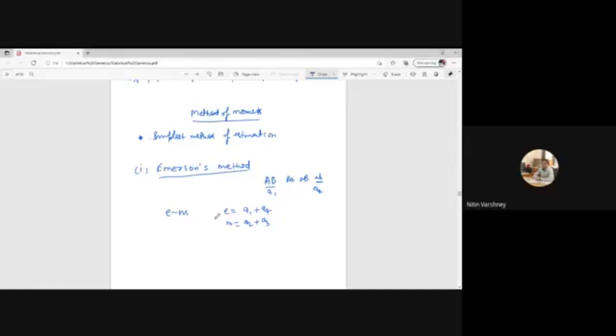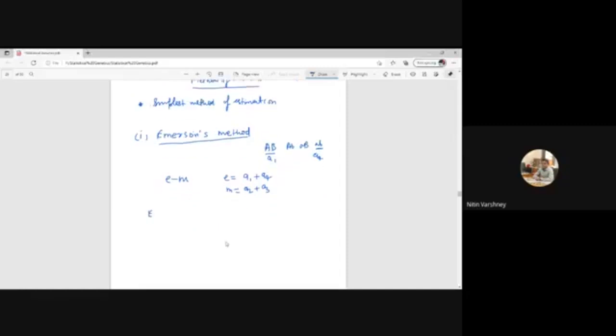Now if I take the expectation of this difference, the expected value of E minus M will be the expected value of A1 minus A2 minus A3 plus A4. So what is the expectation of A1?